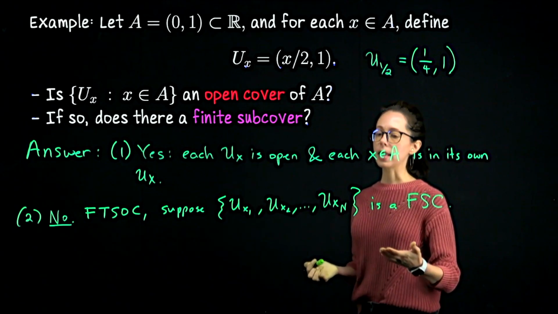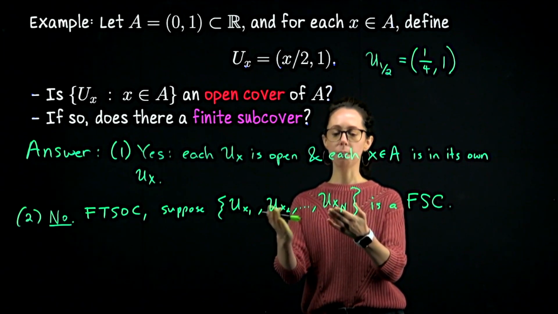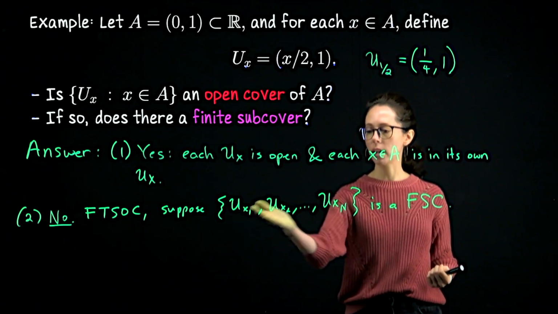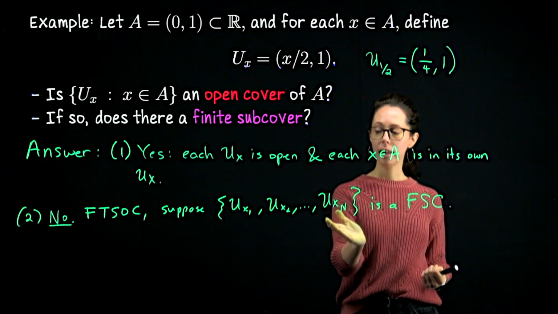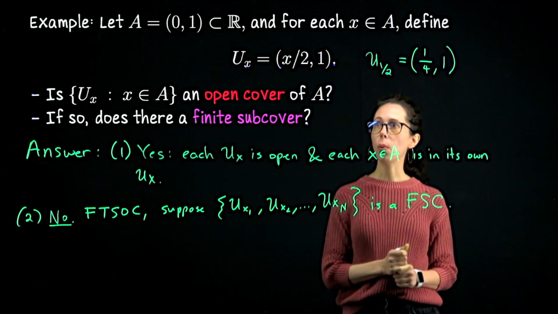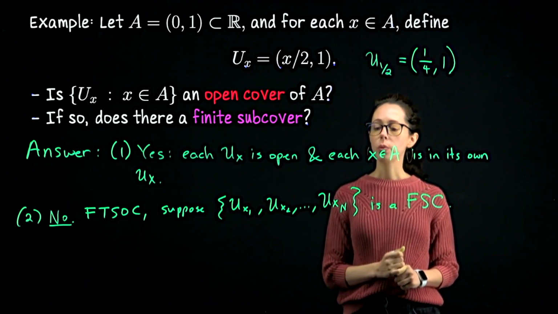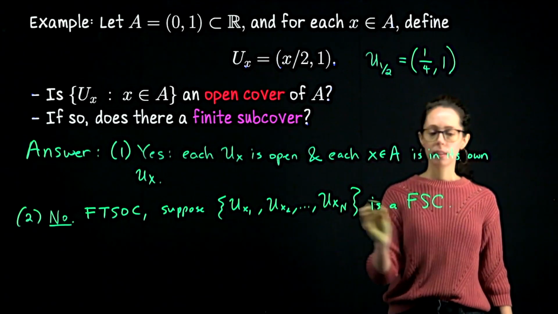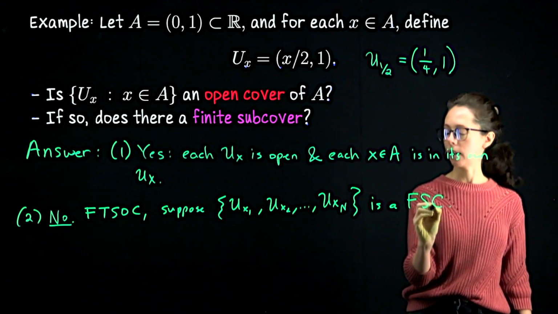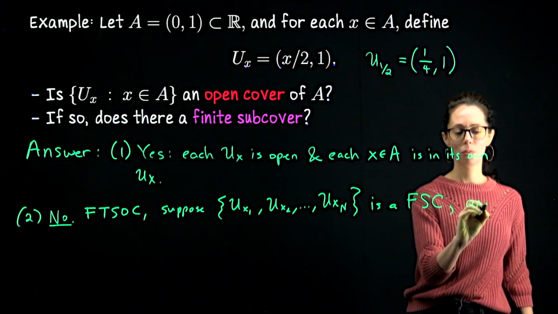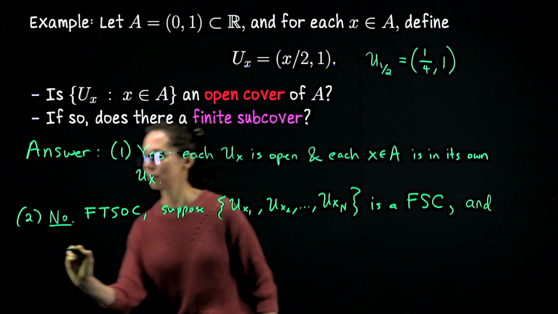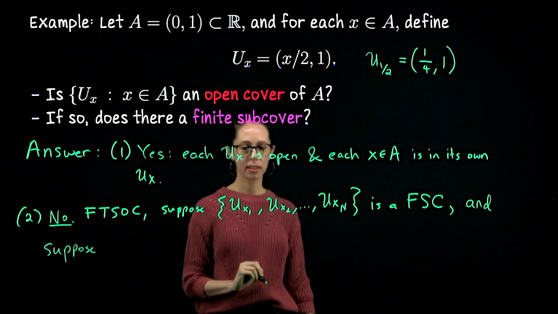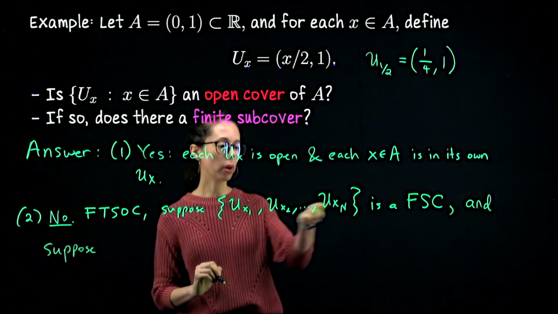Well, each of these sets corresponds to a choice of point from A. So each of these sets is defined in terms of x1, x2, all the way through xN. That is a finite set of points from the open interval from 0 to 1, which means there is a set minimum. Suppose, we'll keep supposing, that you could even say that you ordered these.